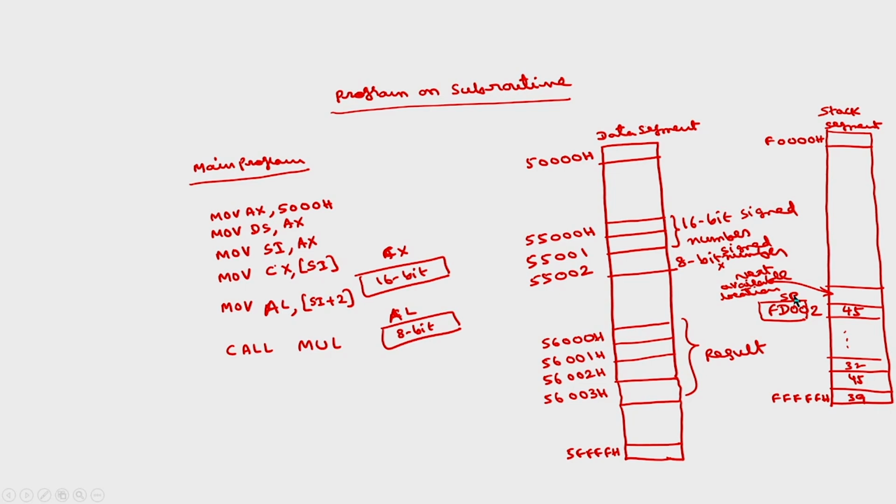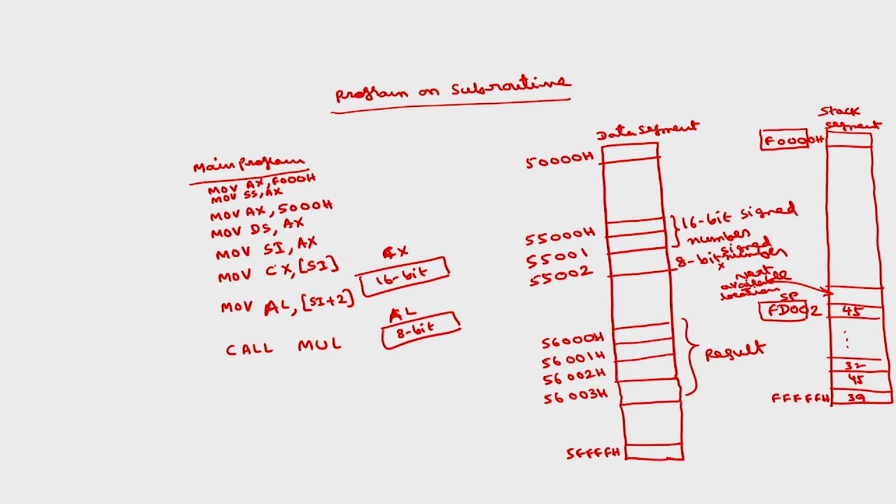With this assumption, you have to initialize the stack segment register with F000, the upper 16 bits of the starting of that segment. So again the same thing: MOV AX, F000, then MOV SS, AX, because you cannot take an address directly onto segment registers.